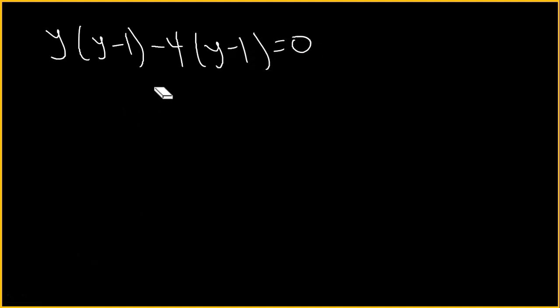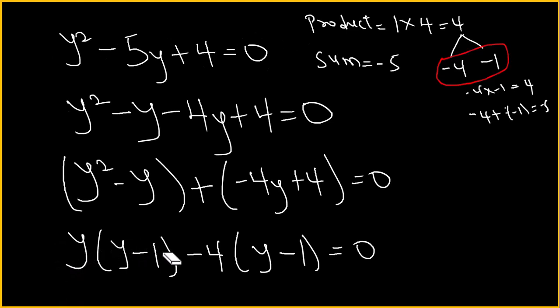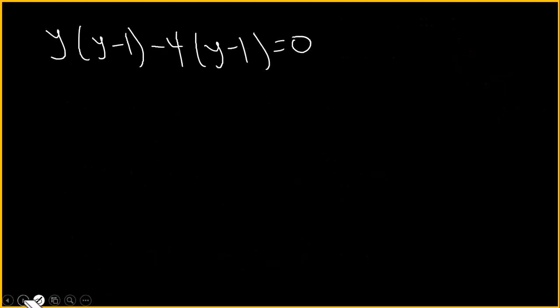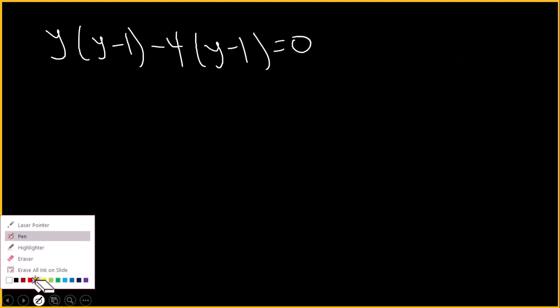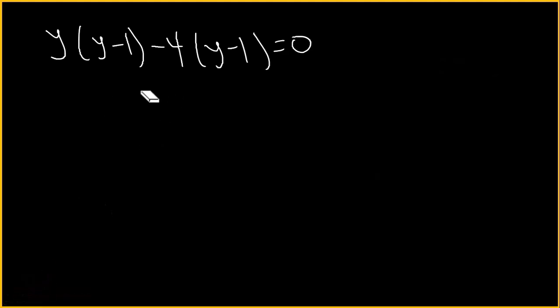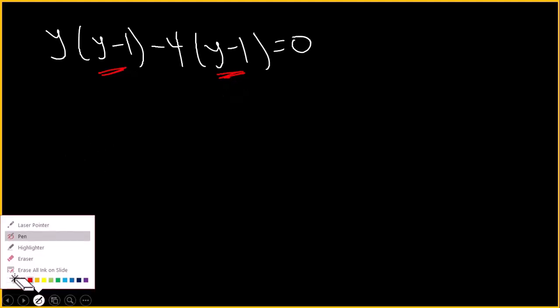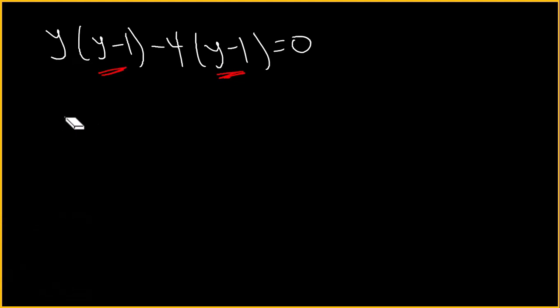So let's go back and check our equation. We have y out, y minus 1, minus 4, y minus 1 equals 0. Okay, so at this juncture we have y minus 1 repeating itself here, and we have y minus 4, which is this together with this, as one factor.